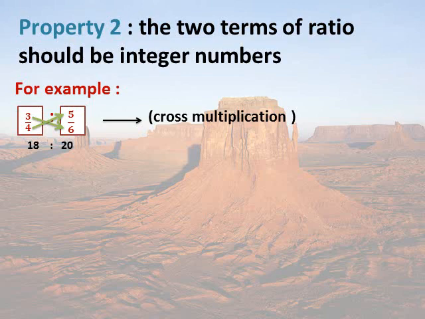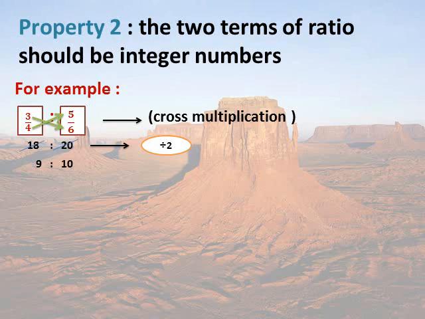It is not yet in simplest form, so we can divide the two terms by 2, as 18 and 20 are both divisible by 2. 18 divided by 2 equals 9, and 20 divided by 2 equals 10. The simplest form of the ratio equals 9 to 10.